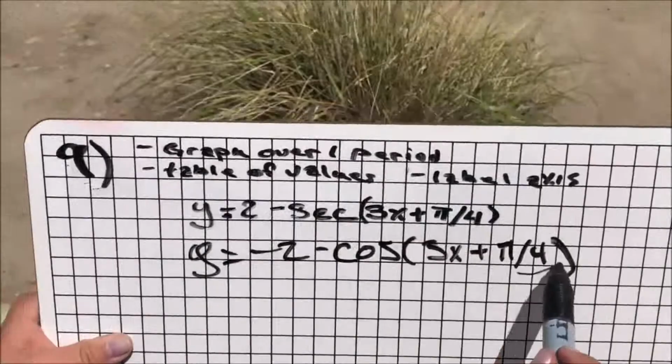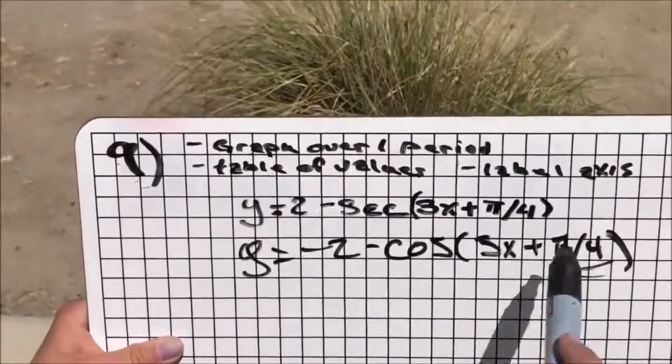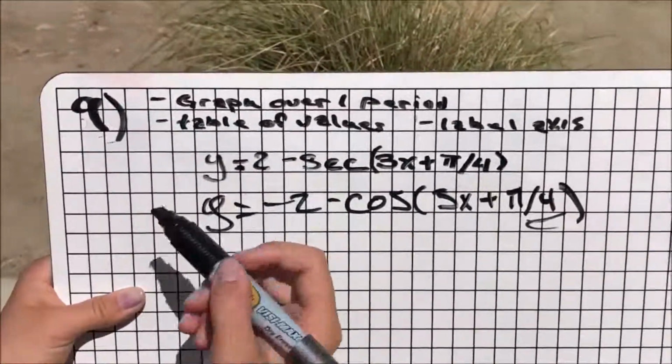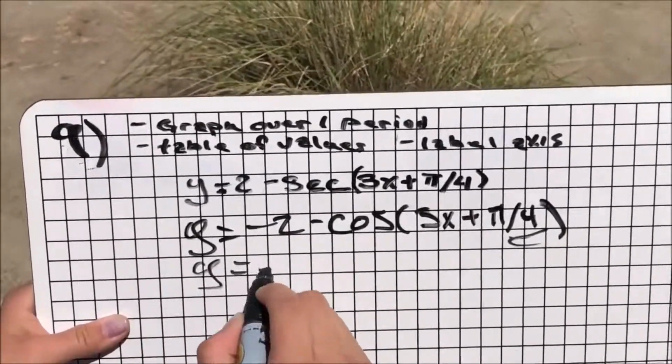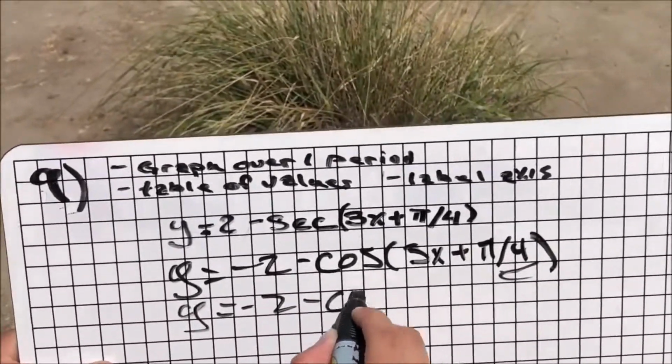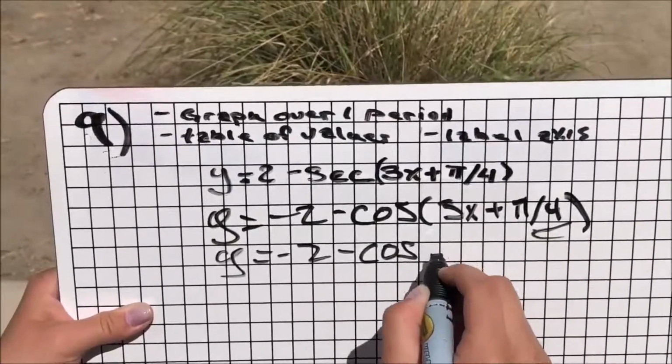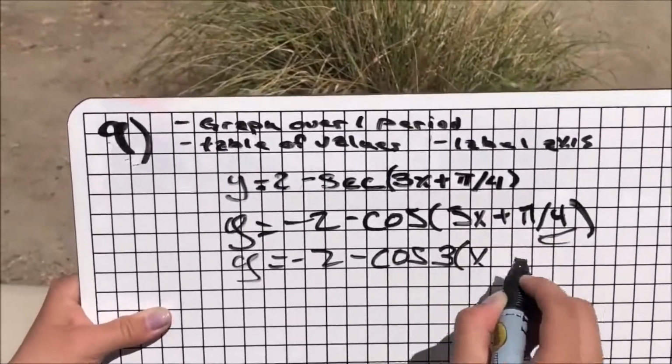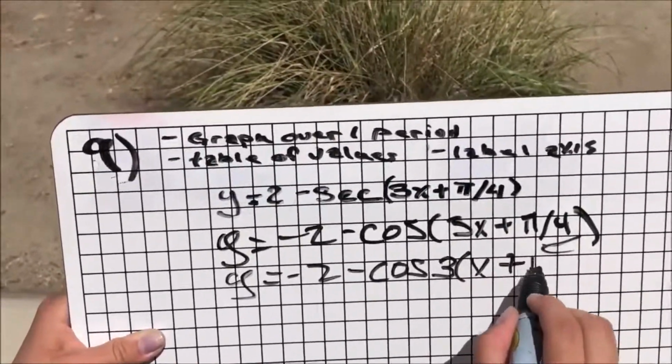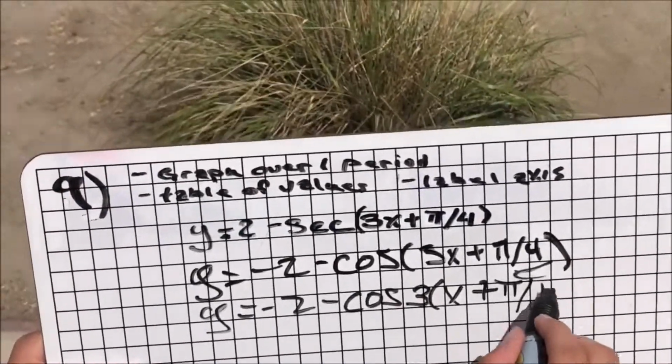And then because it's pi over 4, we're going to turn this first. So once again, minus 2 times cosine, and then we're going to do 3 times x plus pi over 12.